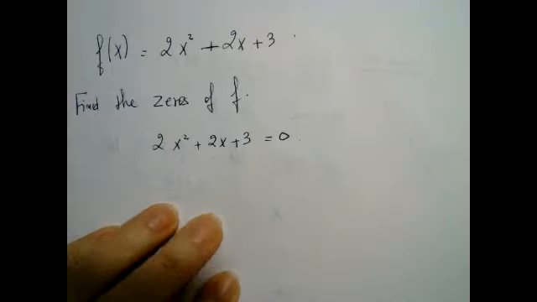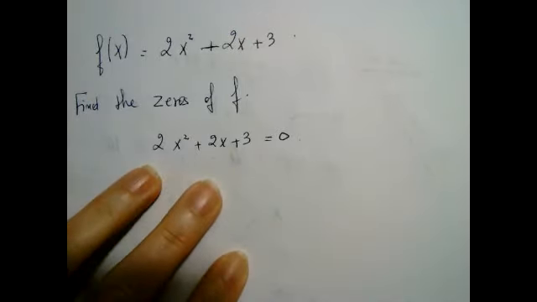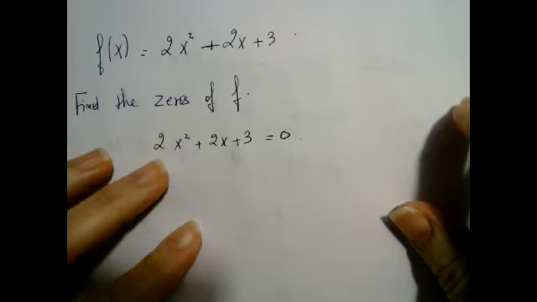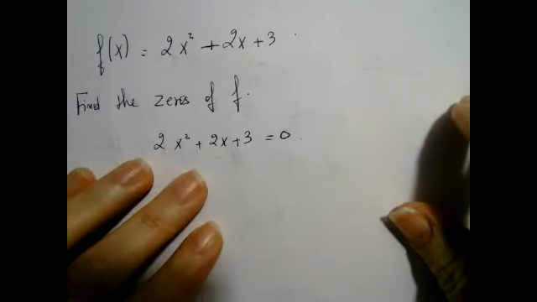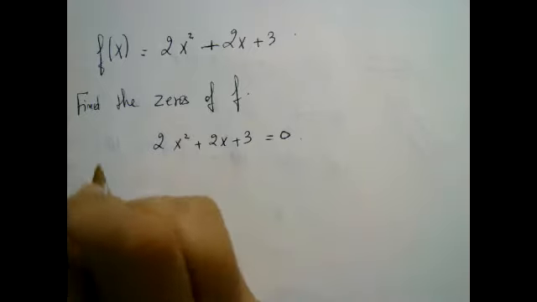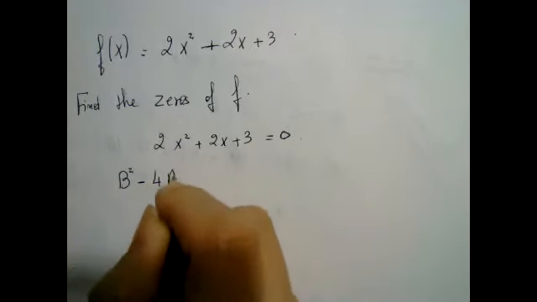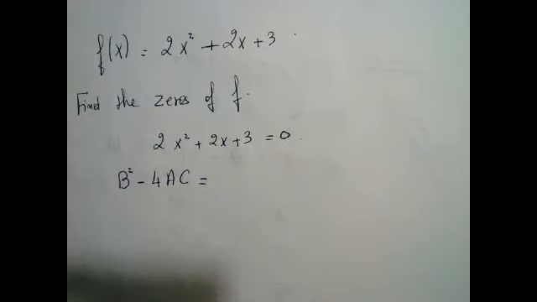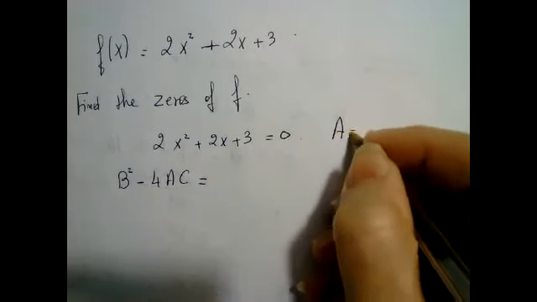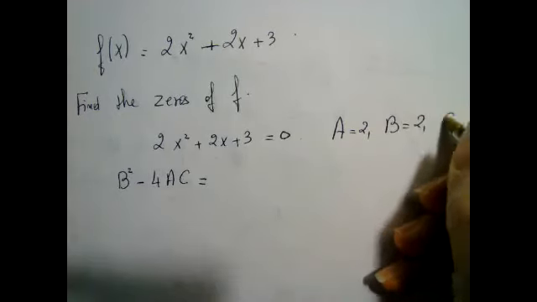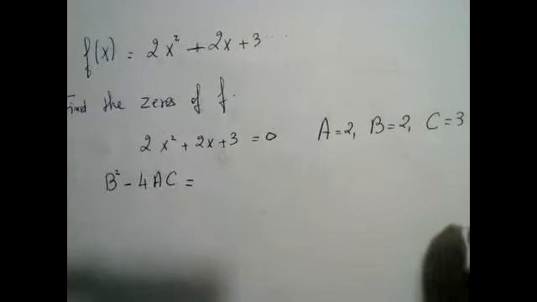Okay, if we try to factor, it will not work. We're going to try to use the quadratic formula. So I'm going to compute the b squared minus the 4ac. And here my a is 2, my b is 2, and my c is 3.